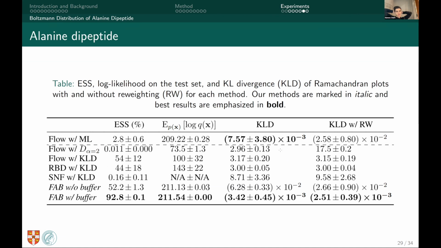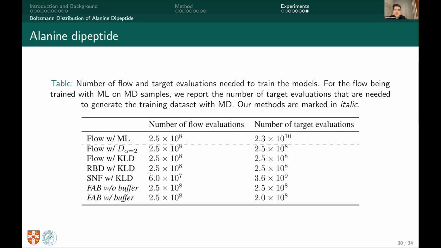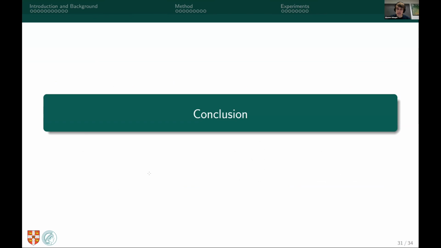I would be interested in the flow with forward KL divergence and annealed importance sampling. This is in the appendix of the paper. So maybe I can do the conclusion, and afterwards go to the appendix of the paper and show the results there.